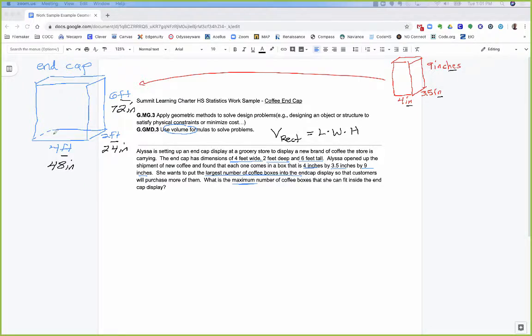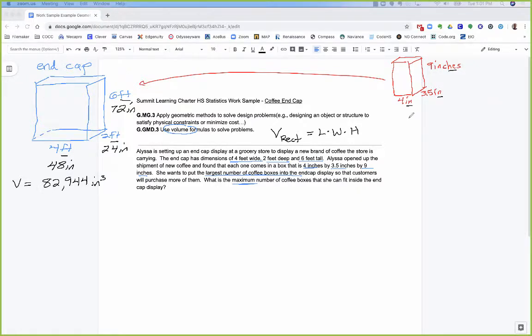They'll say, okay, well, this end cap is 48 by 24 by 72. Let me multiply all those together, 48 times 24 times 72. And so we could say the volume of the end cap then is 82,944 cubic inches.